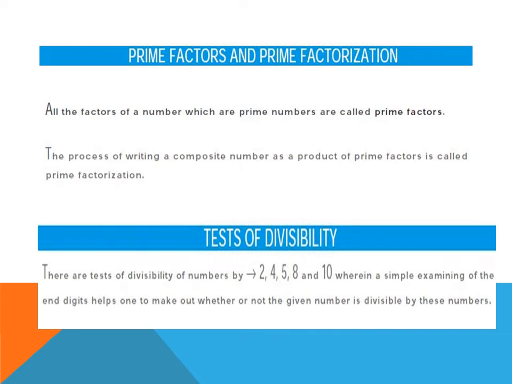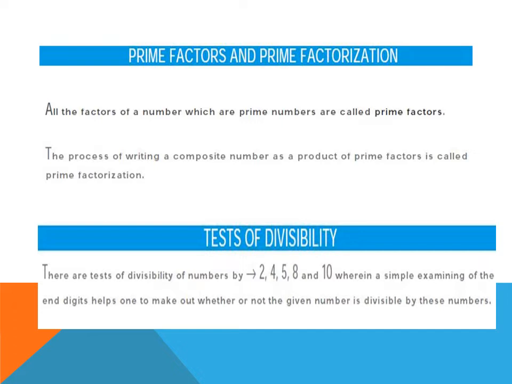Tests of divisibility. There are tests of divisibility of numbers by 2, 4, 5, 8 and 10, wherein a simple examining of digits helps one to make out whether or not the given number is divisible by these numbers. For example, if the last digit of a number is even, then it will be divisible by 2.